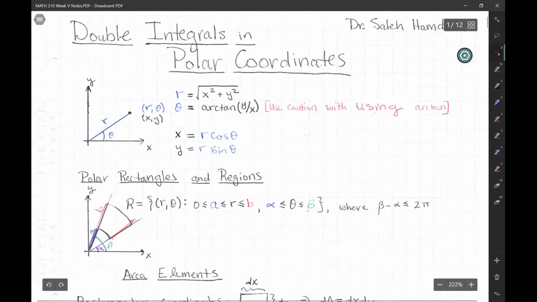What causes us just to look at this region here is also the bounds on the angle. So if I'm a point in here, I must respect two things. One, that the r is between a and b, and the theta is between alpha and beta. And that's what you could ask yourself. What must I respect to stay in that region?